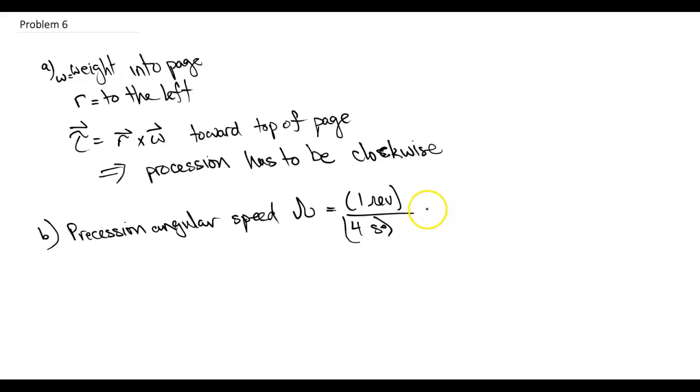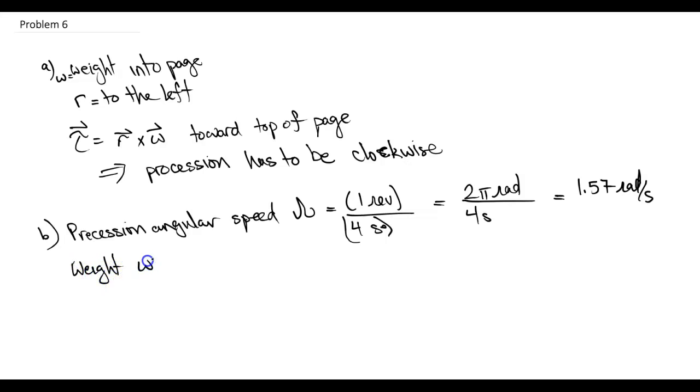So this is the same as saying 2 pi radians over 4 seconds, which gives us about 1.57 radians per second. Weight is little mg.